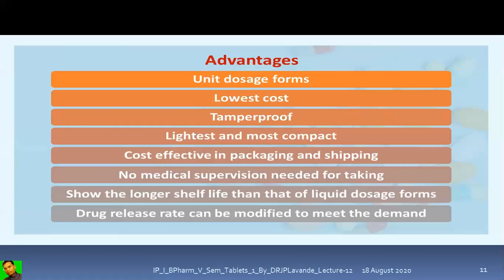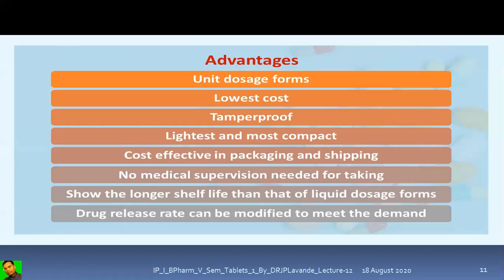The foremost advantage is that it is a unit dosage form. That means it can deliver only a single unit of the dose. Let's say, for example, there is a strip of paracetamol tablets containing 10 tablets. Each tablet delivers exactly 500 milligram of paracetamol. So that's why it is said to be the unit solid dosage form.